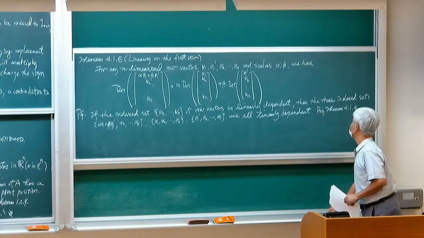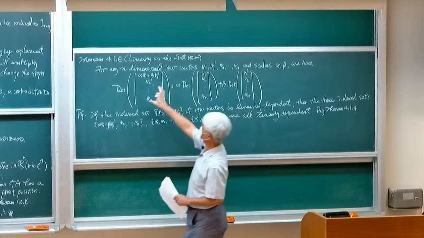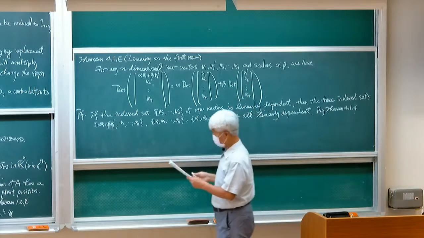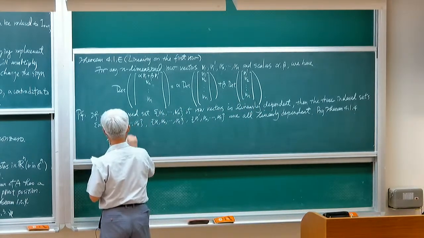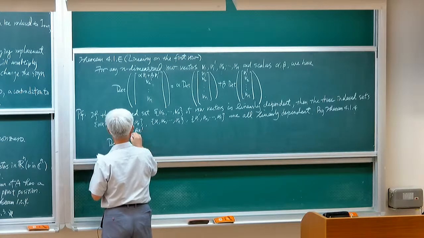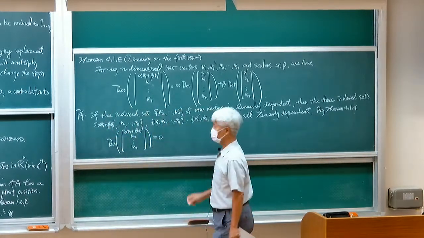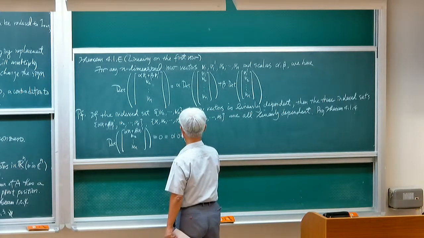Okay. So by 4.1.4, this determinant is 0. This is 0. This is 0. So the determinant with first row alpha R1 plus beta R1 prime, R2, up to Rn is 0. And 0 is equal to alpha times 0 plus beta times 0.